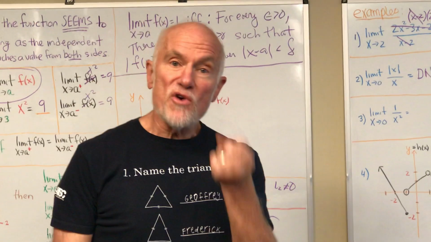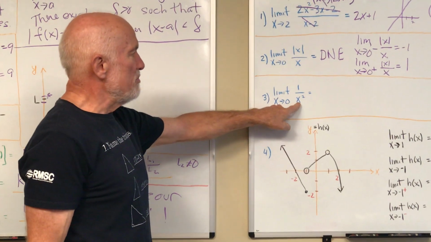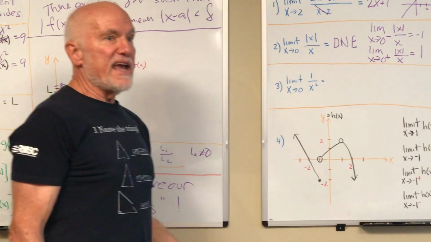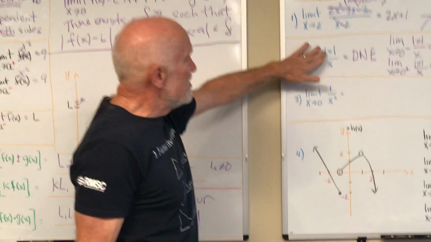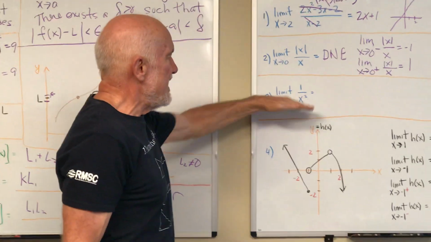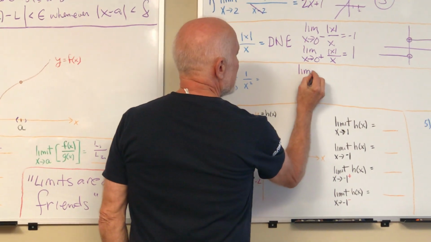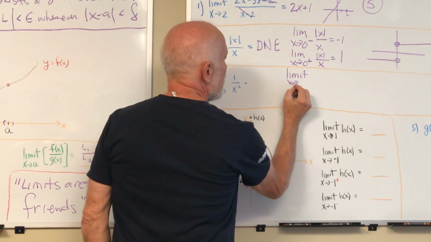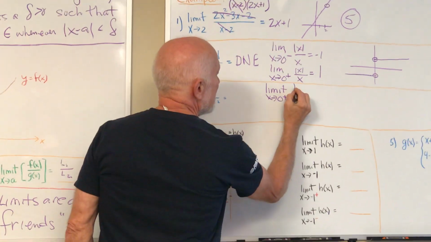Okay, so let's try another one. Again, when you go to plug 0 in, you're dividing by 0. But this time it's not 0 over 0 like these two were. This is a number divided by 0. So let's see. What's the limit as x approaches 0 from the, let's do from the right first.